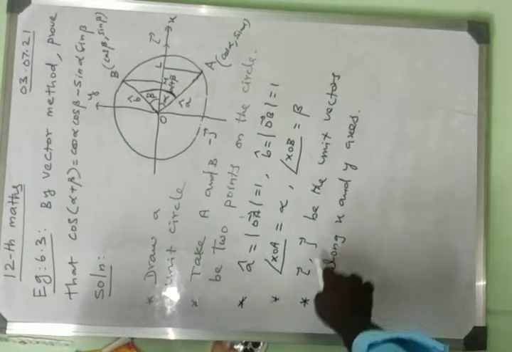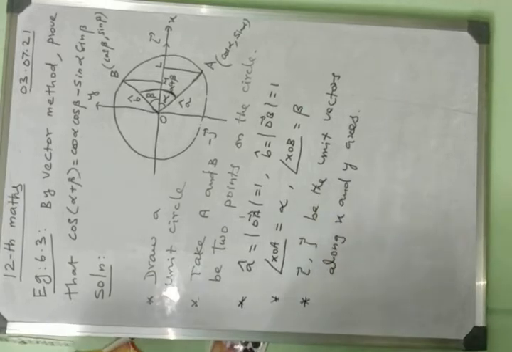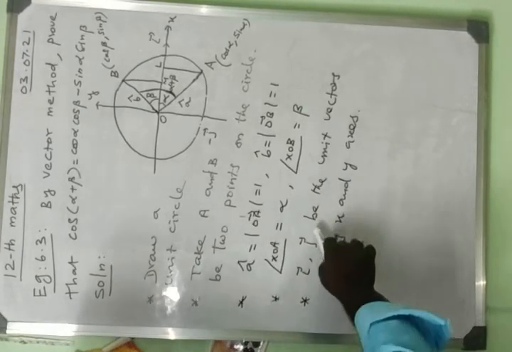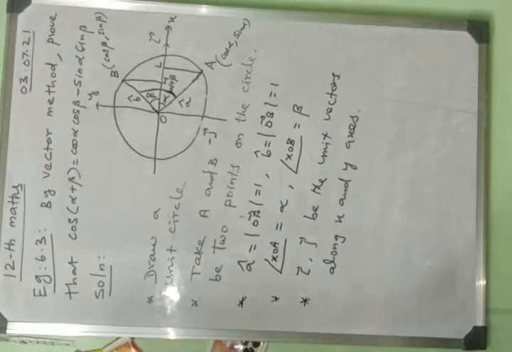X axis we take I vector, Y axis we take J vector. So vector I, J be the unit vectors along X and Y axis.